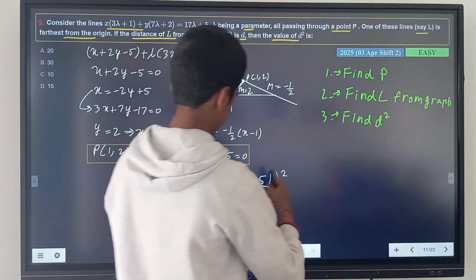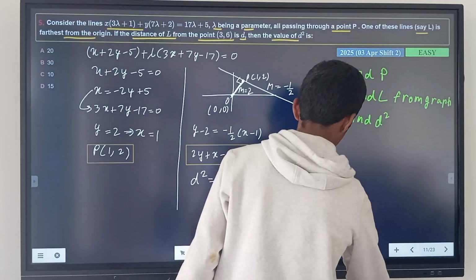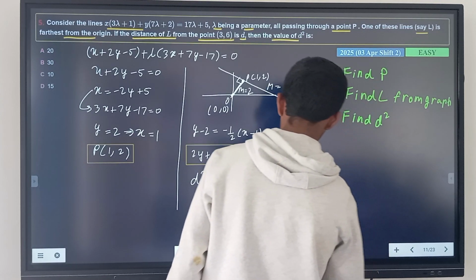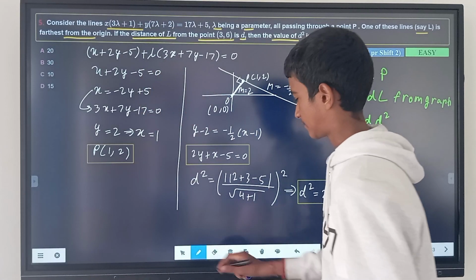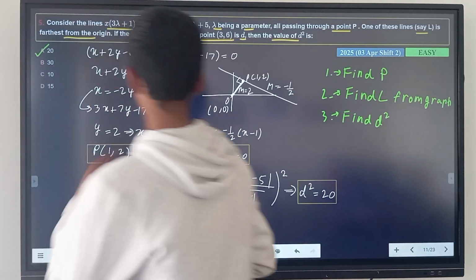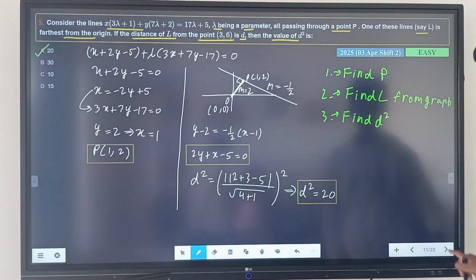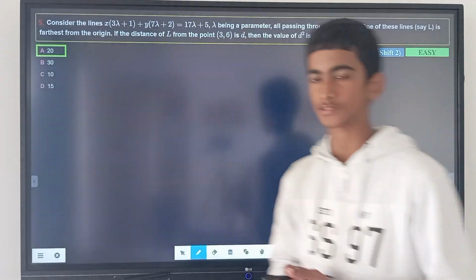Now this will be 100 upon 5, which from here our d square is equal to 20. From here we can say that our answer is option A. And here is our solution, and we can see that our answer is correct.